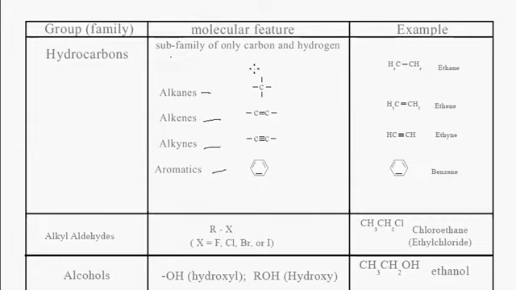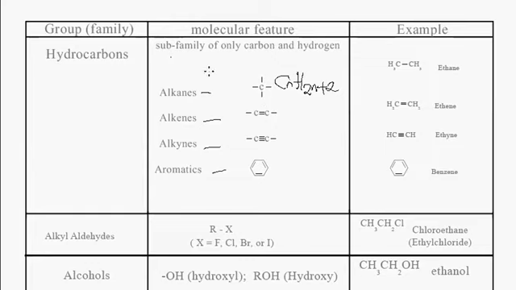So usually the alkanes will have the molecular formula CnH2n+2. This signifies that whatever value you have for C, double that value plus 2 will be for H. For instance, if I have just a single C here, my H should be 2 times 1, plus 2, and that's 4.